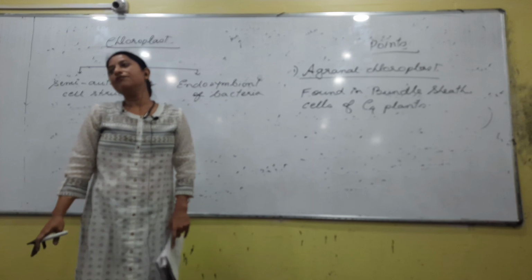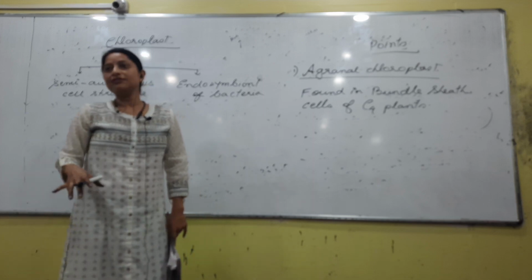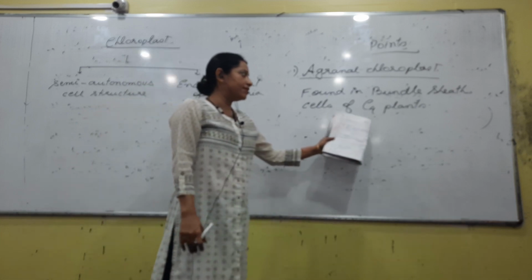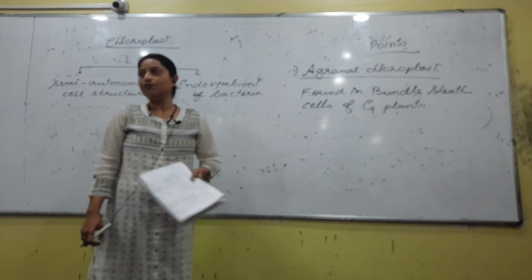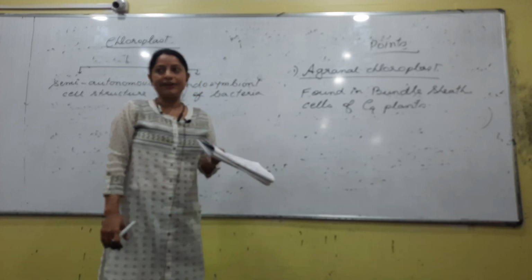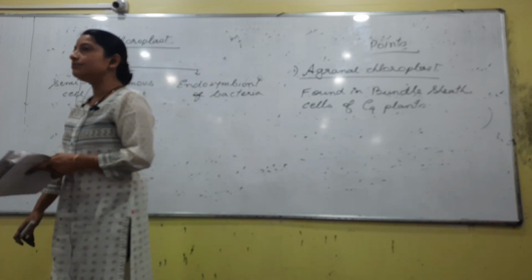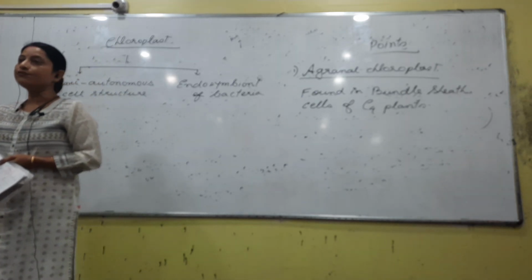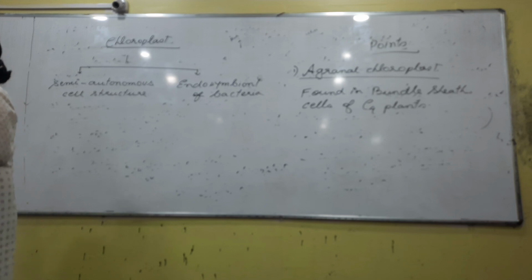Another term, C4 plants. Since we have not studied photosynthesis, it will be a problem, right? If I explain C4 now, it will become like a photosynthesis class, no point. Plants have been classified into certain categories depending on the type of dark reaction they show. Photosynthesis has two parts, light reaction and dark reaction.